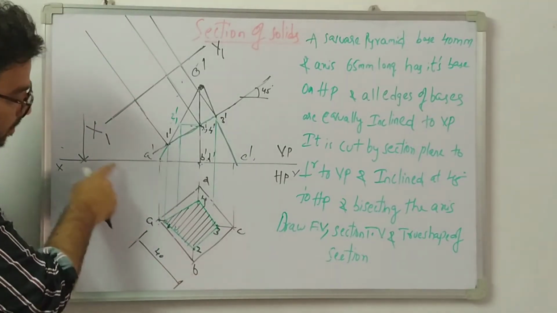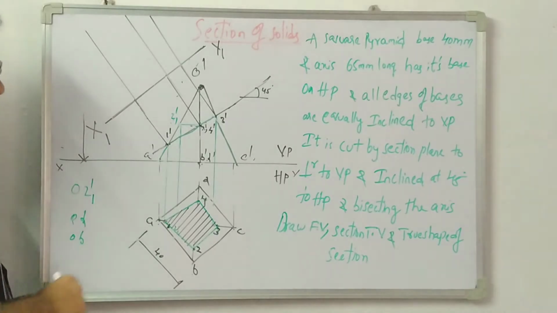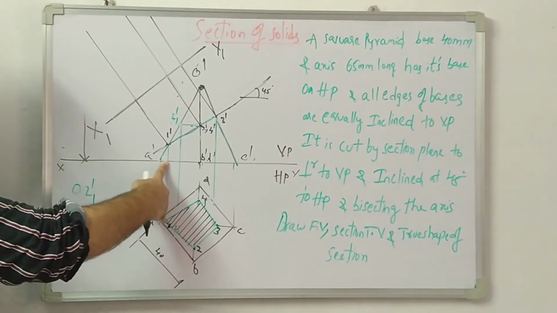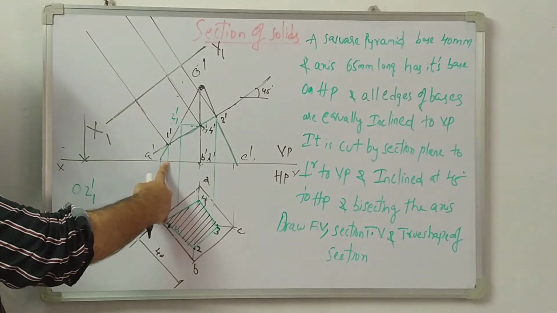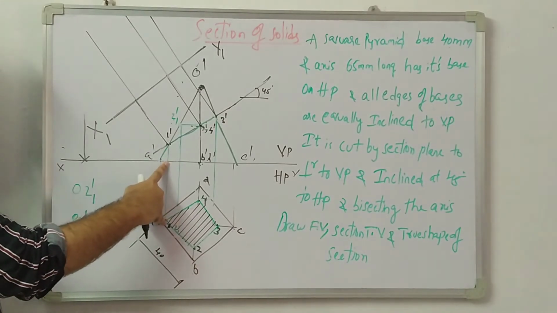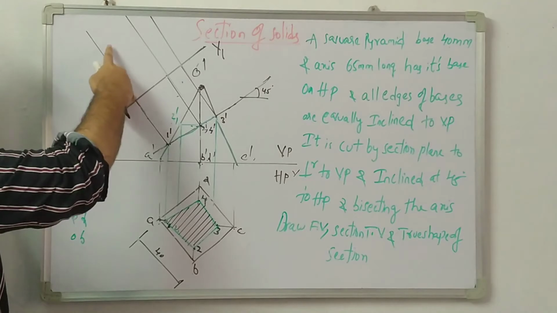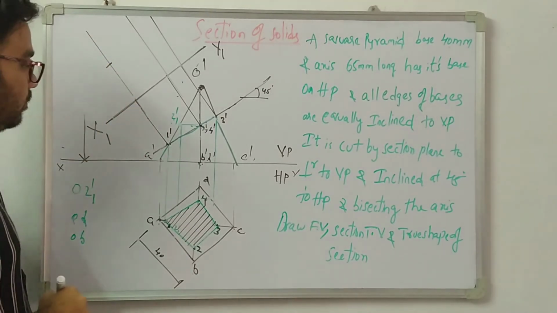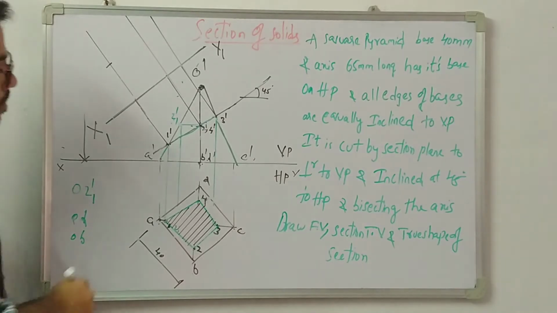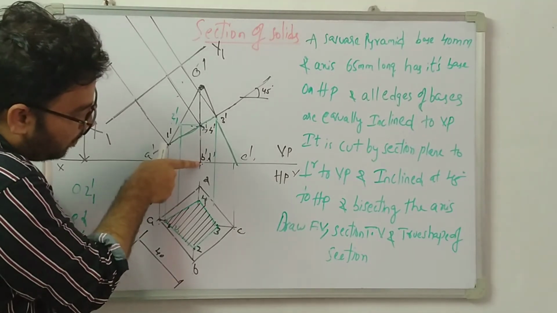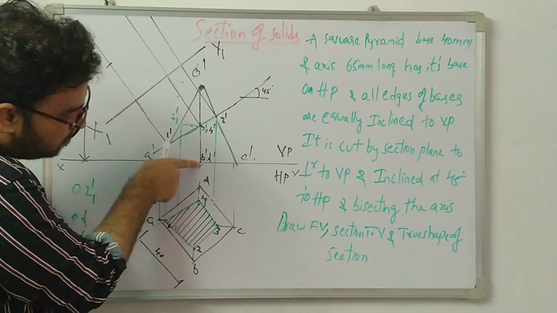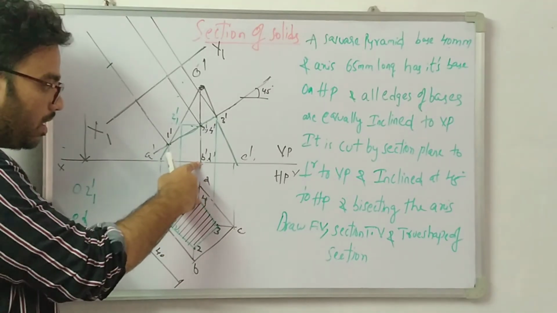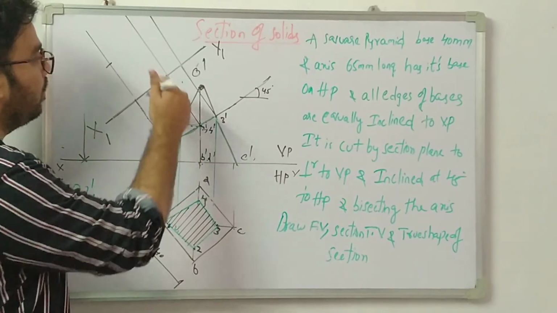I repeat, this is the old reference line xy. From the old reference line onwards, I am measuring this distance, the point 1 is located here, and shift here. So I got this point, let us say this is my 1. Now from this reference line onwards, measure this distance to cutting point 4, and give that.